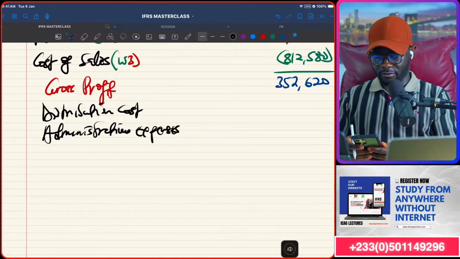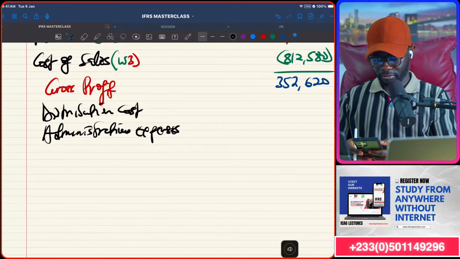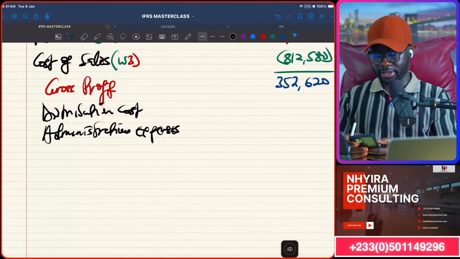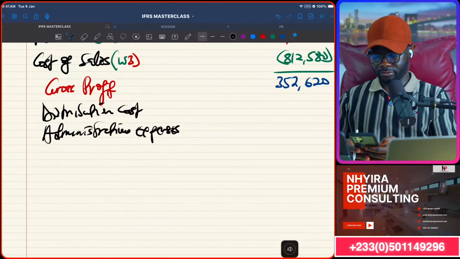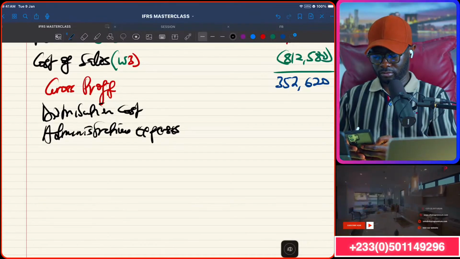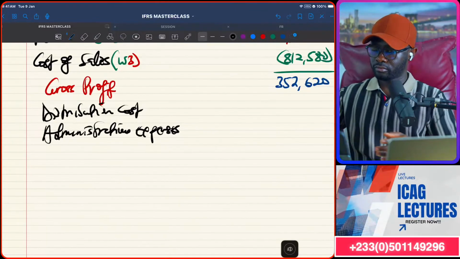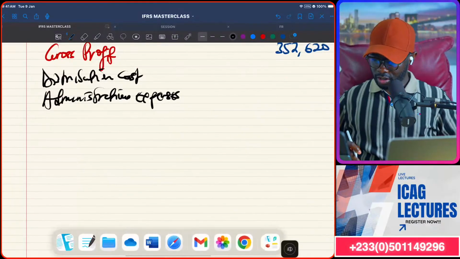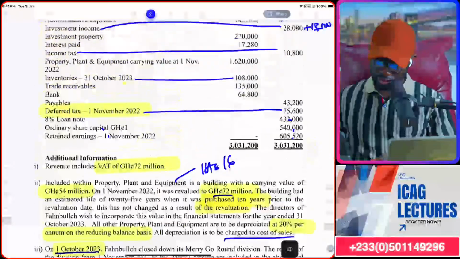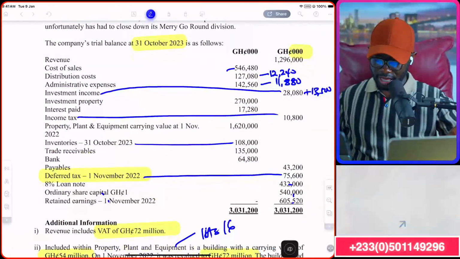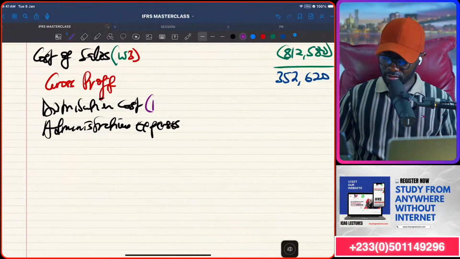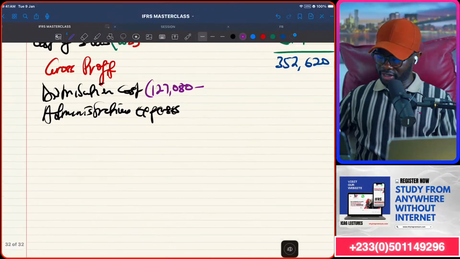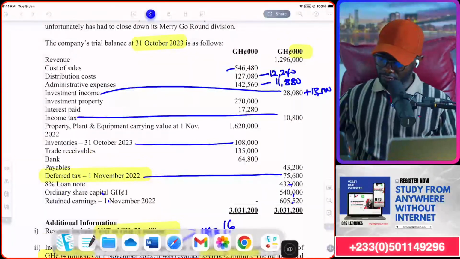So distribution expenses is 127,080 minus 12,240.